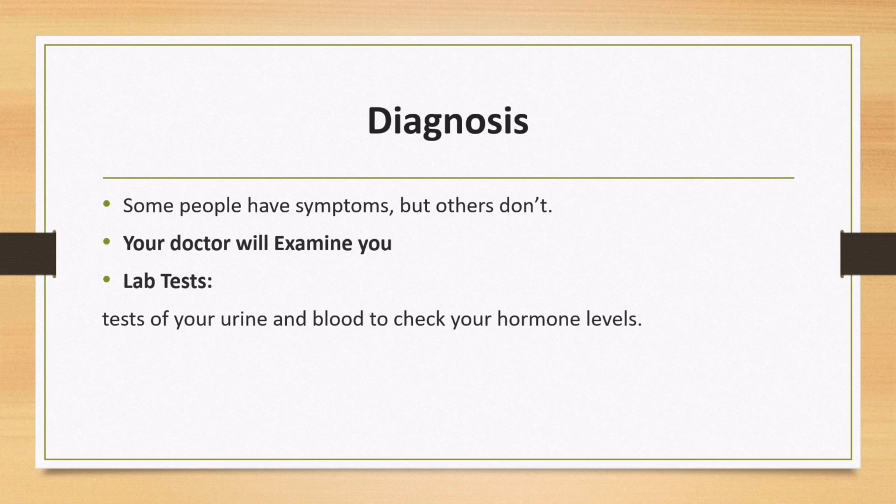How to diagnose pheochromocytoma? We can diagnose it by having some blood tests and imaging. But first, your doctor will examine you, and then we will carry out some special tests, which include urine, blood, and imaging.